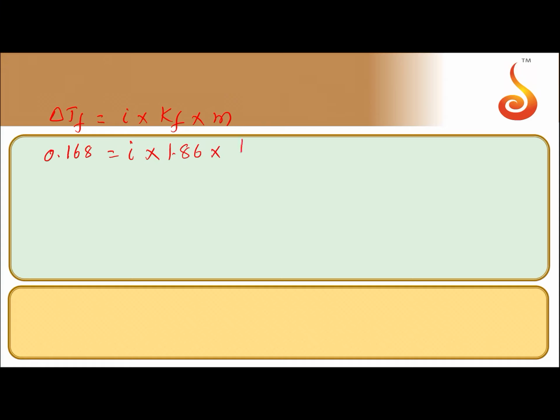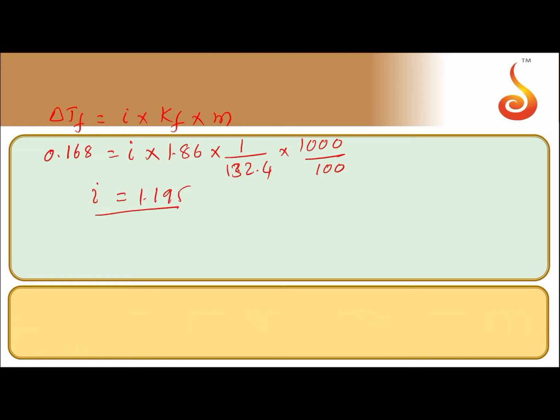So mass is given as 1 gram by 132.4, which is the molecular mass of the compound, into 1000 by 100. This is the molality. So simplifying this, finally you are going to get the value of i as 1.195. So the Van 't Hoff factor is equal to 1.195.